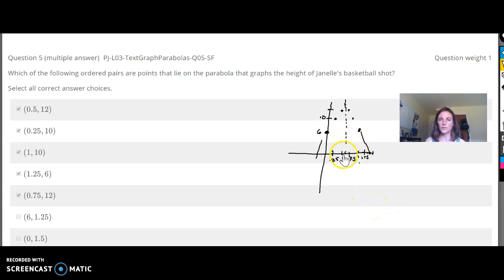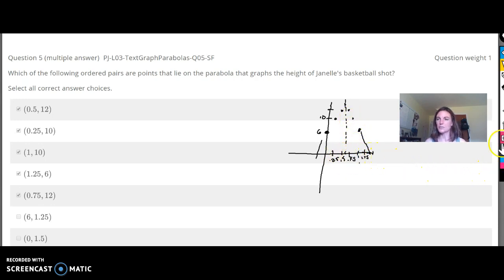So we know that at 0.5 seconds, she was up there at 12 feet. So that first one works. 0.25 seconds, she was at 10. And this is from the table on the previous problem. 1 second, she was at 10. 1.25 seconds, she was at 6. 0.75 seconds, we calculated again to be 12.